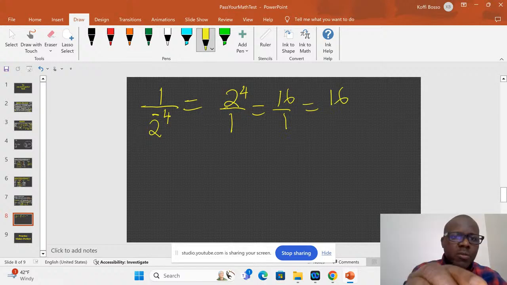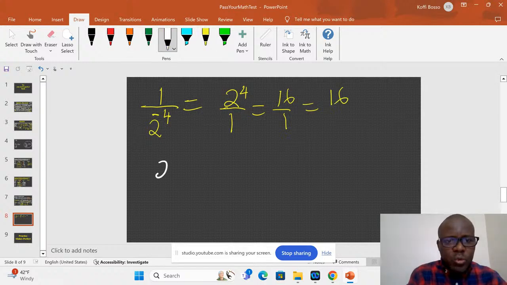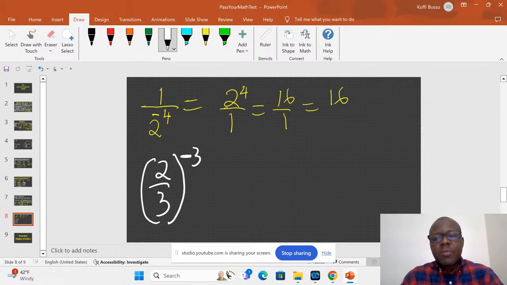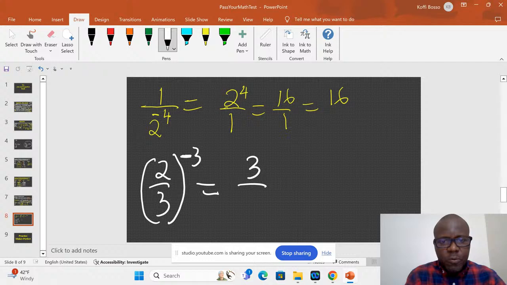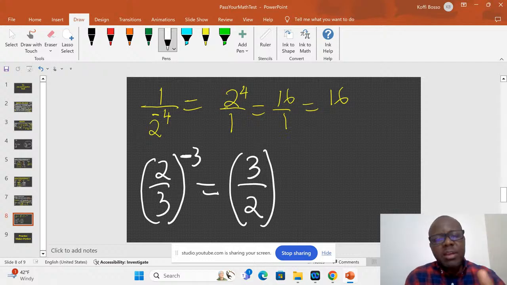So let me give you another example. Suppose they say 2 over 3, in parentheses, raised to negative 3 power. That's another question you can have. Because it's a fraction with a negative exponent, you rewrite this by flipping it, so it's going to be 3 over 2. After you flip it, the exponent is no longer negative. It turns positive.